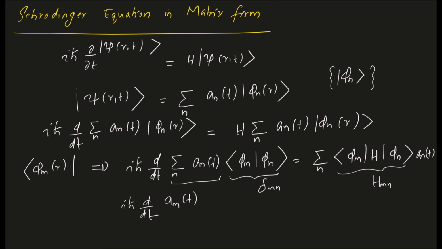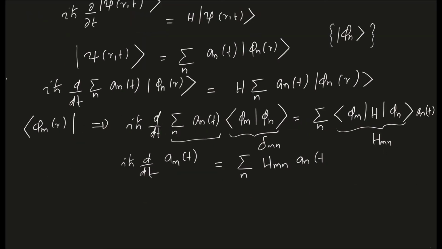So this will be a_m(t) equal to the summation over n of H_mn a_n(t). So this is the matrix form of the Schrodinger equation.